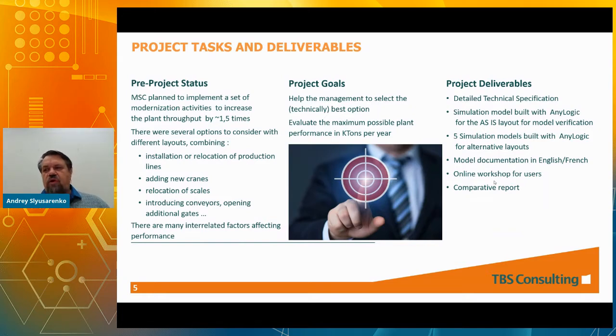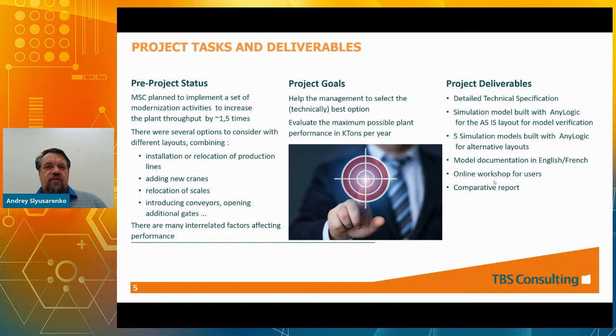For example, how many production lines should we have? Where to place this production line precisely? What new equipment should we add, such as new cranes, conveyors, additional gates, and so on? Many interrelated factors.